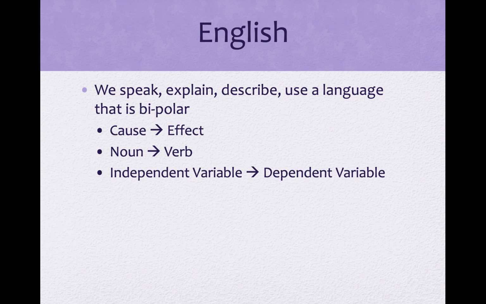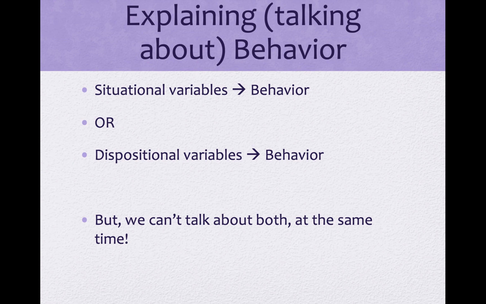When we speak English to describe behavior in common language, language is necessarily bipolar. It has this feature that causes precede effects. Nouns and verbs go together, independent variable, dependent variable. Even in the language of psychology, we see the independent variable causing changes in the dependent variable.